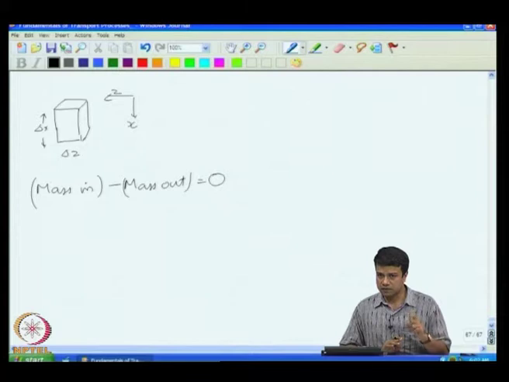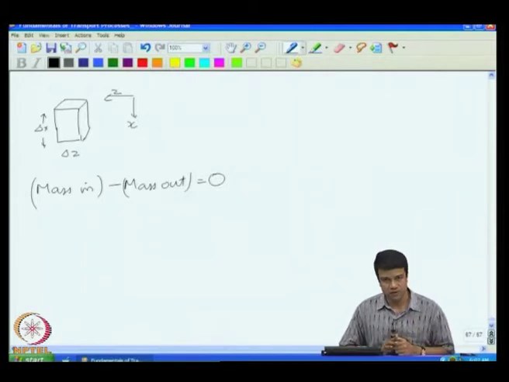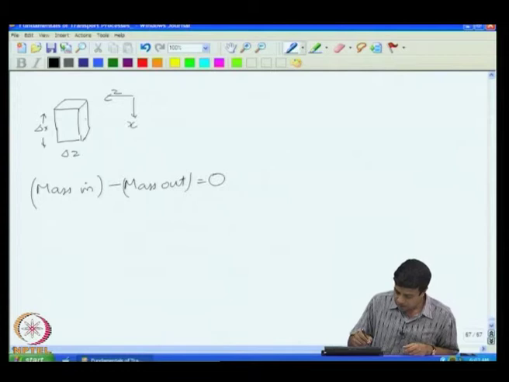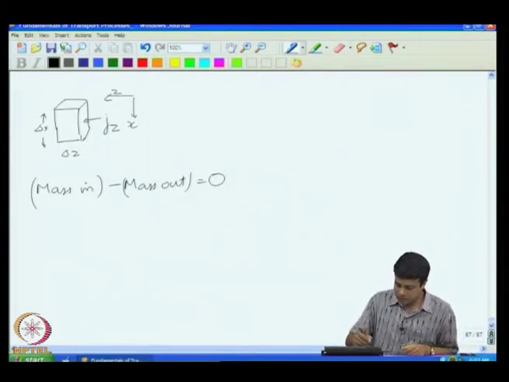So, the mass within a differential volume is not changing in time. There is no rate of change of mass, and therefore, mass in minus mass out has to be equal to 0. Okay. And mass is coming in both due to diffusion, as well as due to convection.